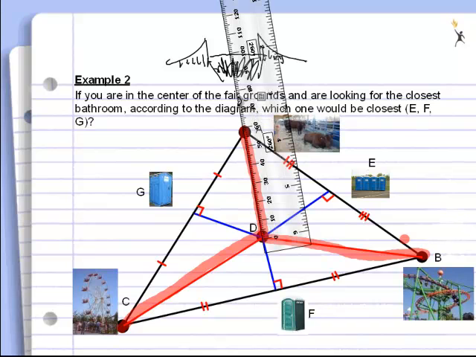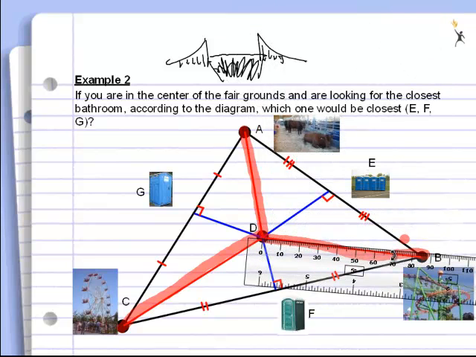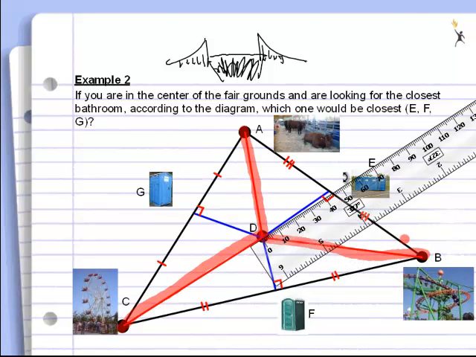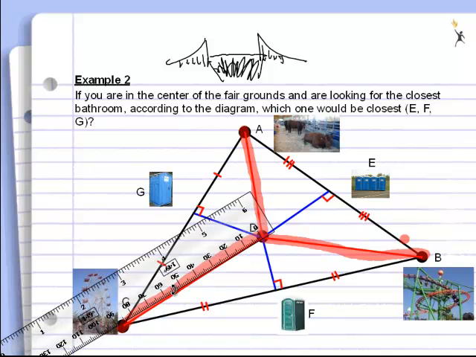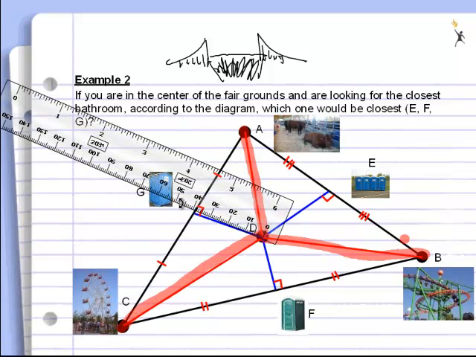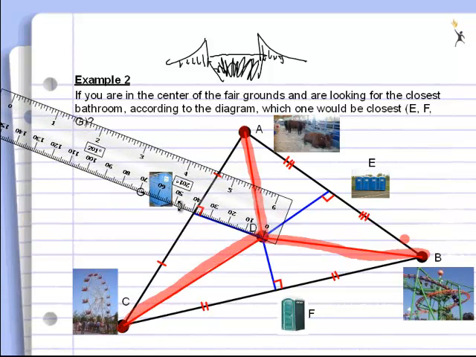I can do the same thing and find out how far B is. And B is 83 millimeters, or 8.3 centimeters, and C is 85. Excuse me, I'm sorry, we're supposed to be measuring the bathrooms.